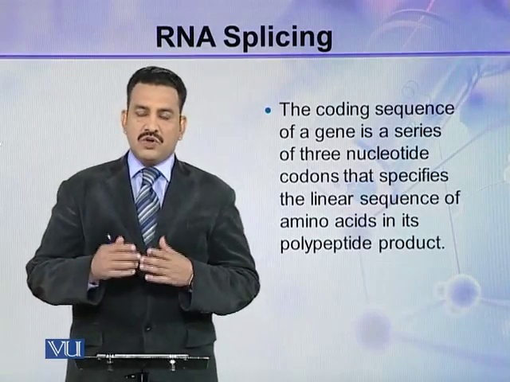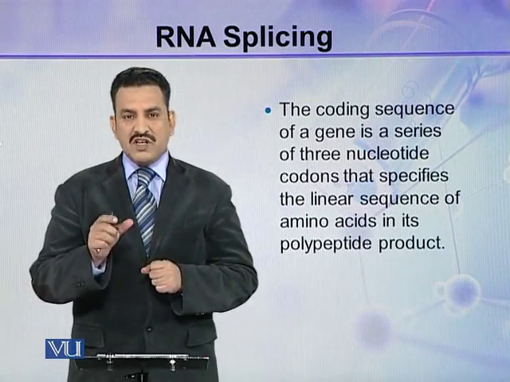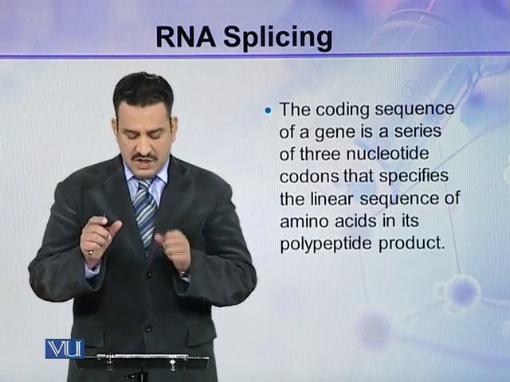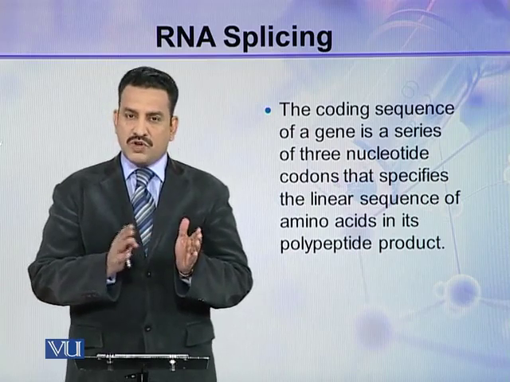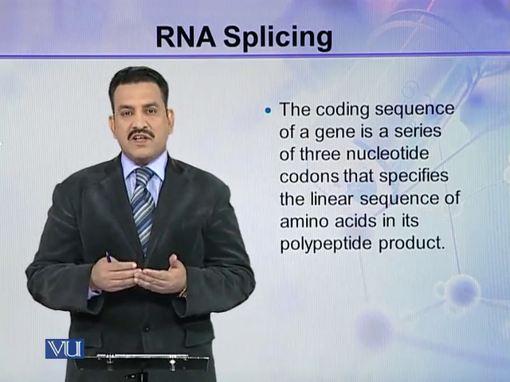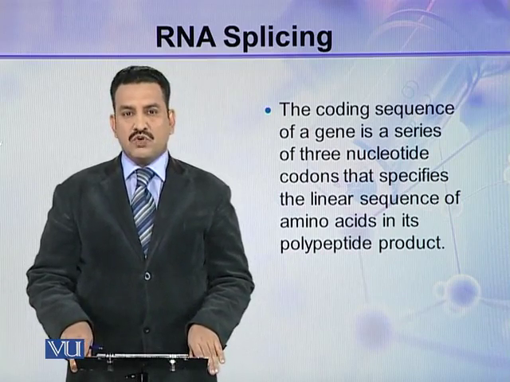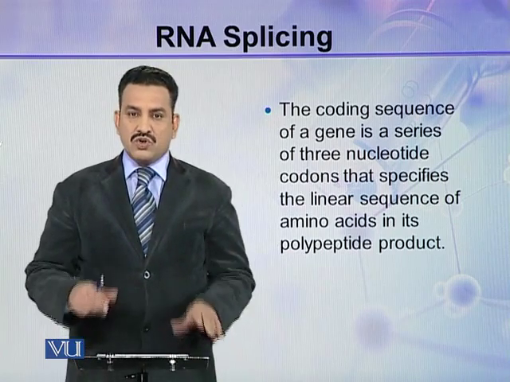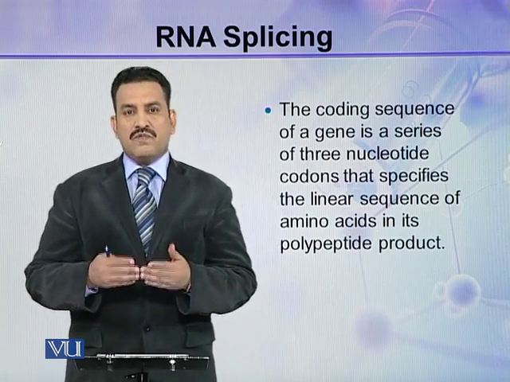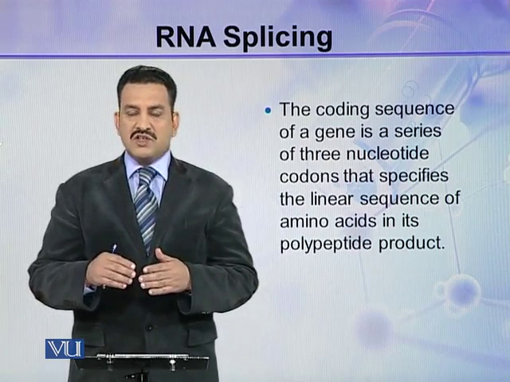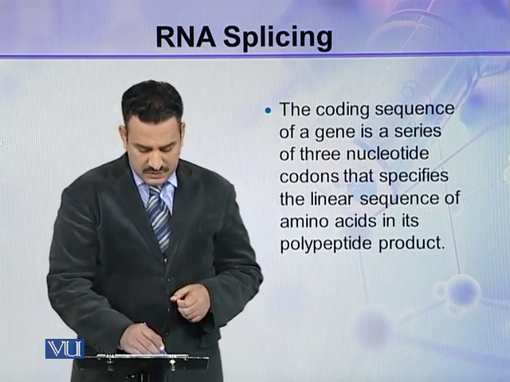The coding sequence of a gene is a series of three-nucleotide codons, and these codons specify the sequence of amino acids in its polypeptide product. So the sequence of a gene, in the form of codons, is translated into the sequence of amino acids.